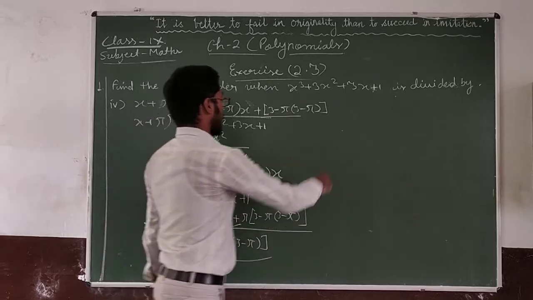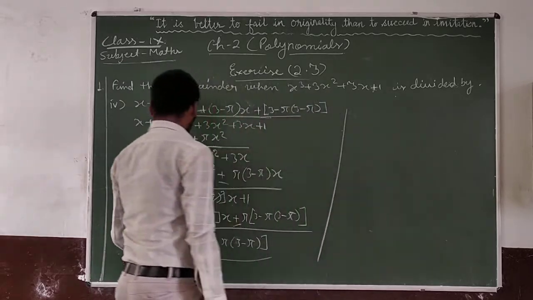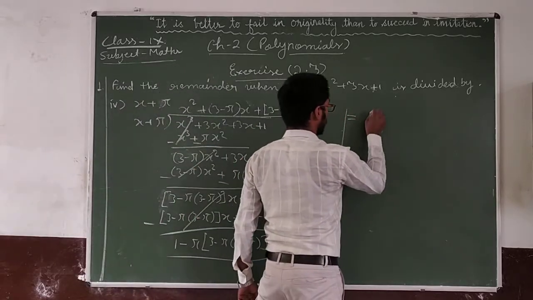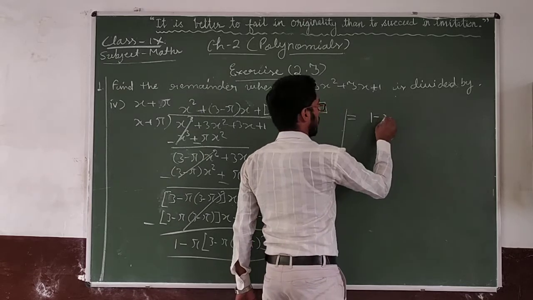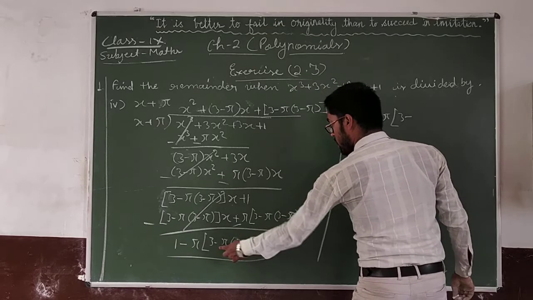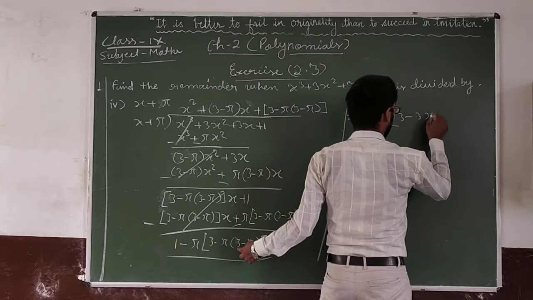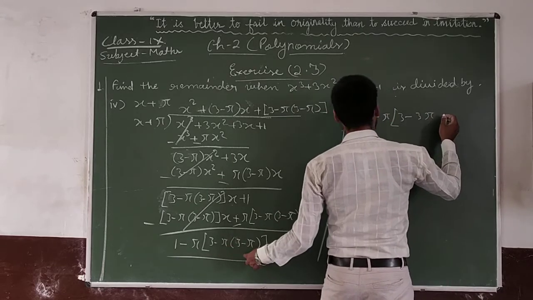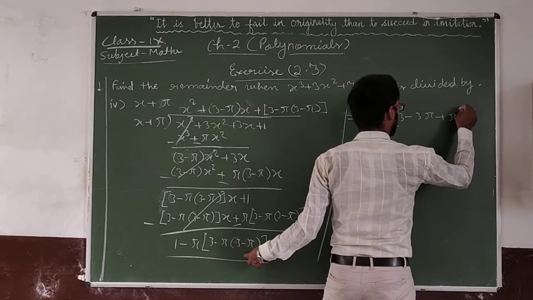Then open all the brackets and you will get your remainder: 1 minus 5 into 3 means 15, minus minus plus 25.